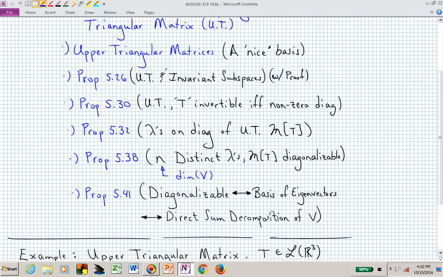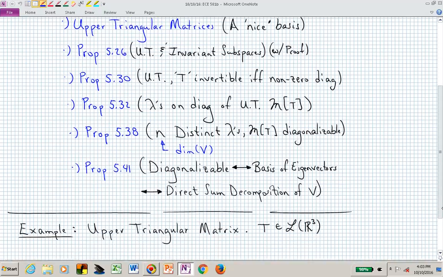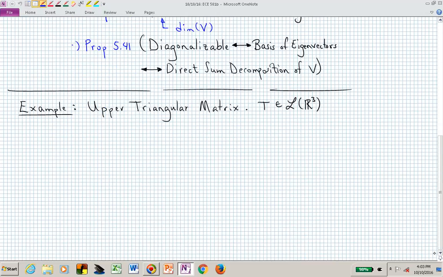The last proposition talks about a lot of different equivalences. If we have a diagonalizable matrix, then we have a basis of eigenvectors. We also can think of a direct sum decomposition of our vector space made up of those eigenvectors.